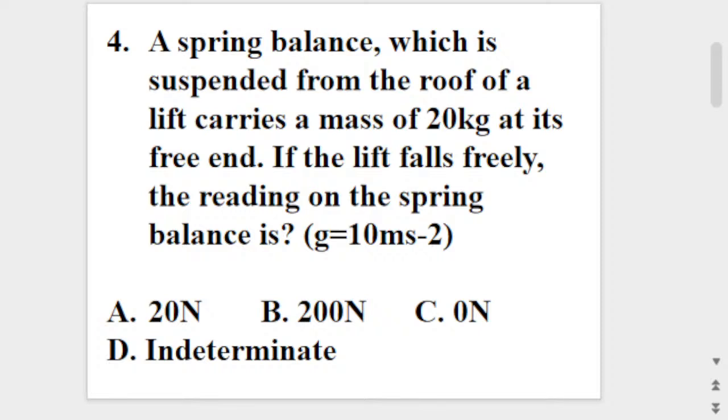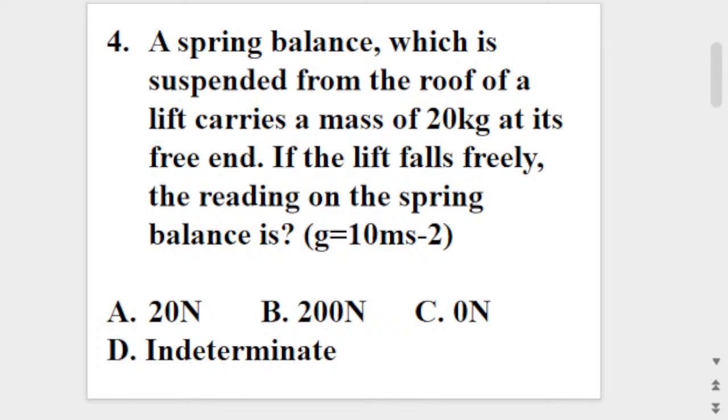This is one of the common and popular questions usually encountered in physics, and care needs to be taken because the lift could be moving down or moving up, and depending on the direction, that will determine the formula that is used.